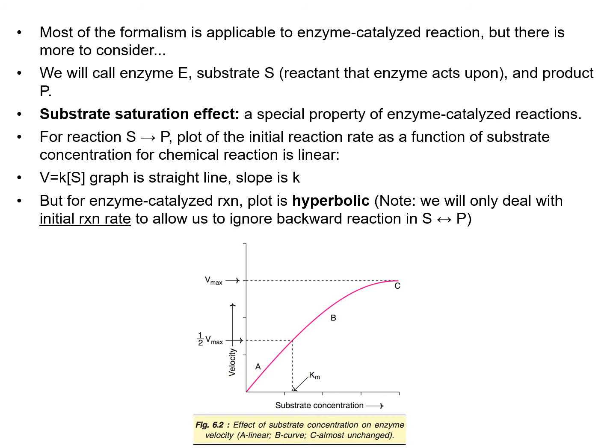Note that we'll only deal with this initial reaction rate where the velocity makes a straight line, which allows us to ignore backward reactions where products go back to substrate, which makes the calculation complicated.